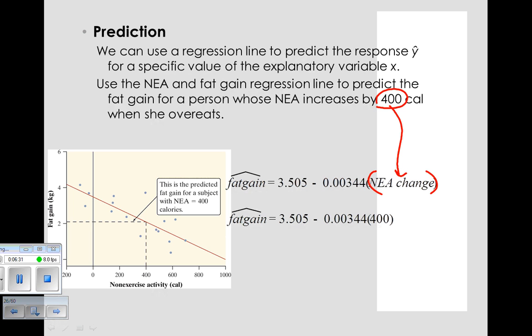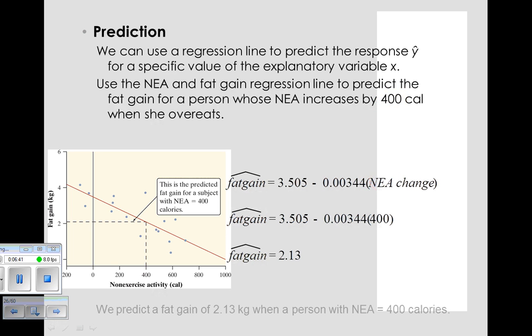And we can see the predicted fat gain would be about 2.13. So again, this is predicted. We predict a fat gain of 2.13 kilograms when a person's non-exercise activity increases by 400 calories.